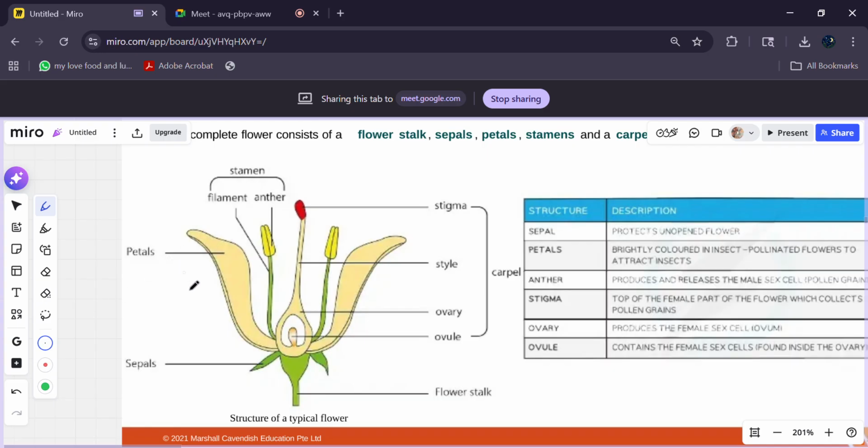Now, petals are modified leaves forming the most obvious part of the flower. They stand out in the plant. Most of the time they are brightly colored, pretty, and quite flat. These petals attract insects for pollination, and they provide a platform for the insects to land.